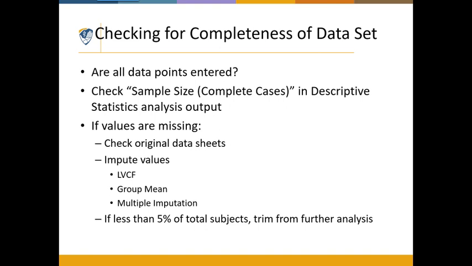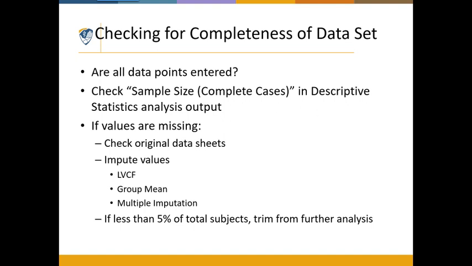So when we're looking for completeness of a data set, we're really looking at, are all the data points entered? So if we know how many participants we're supposed to have in our data set, whether that's through some kind of an interventional trial or whether that's through a survey, we want to make sure all the data is entered. And so how we do this in Intellectus is when we run descriptive statistics, we're going to see a sample size that has been identified for that particular sample.